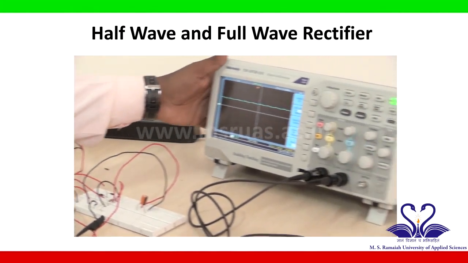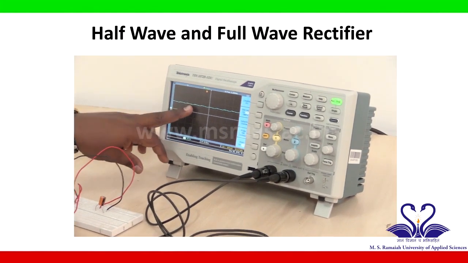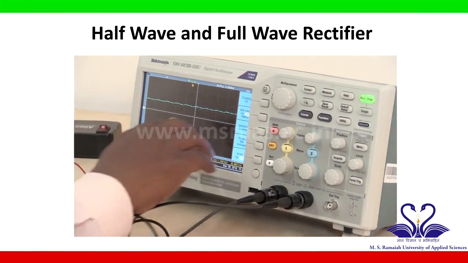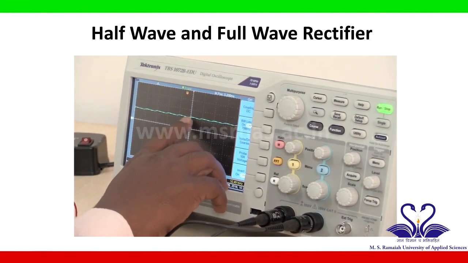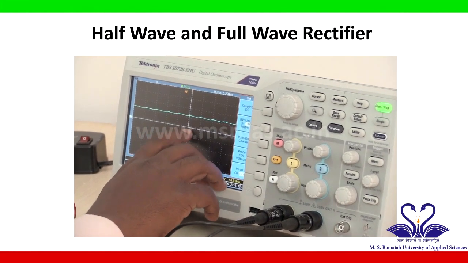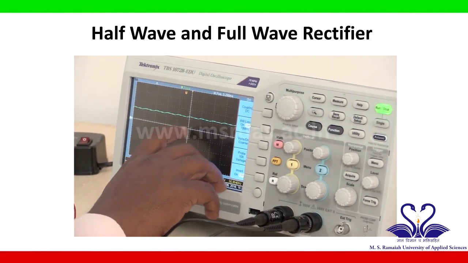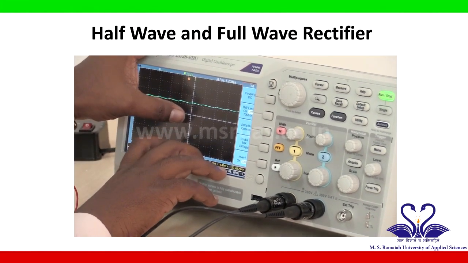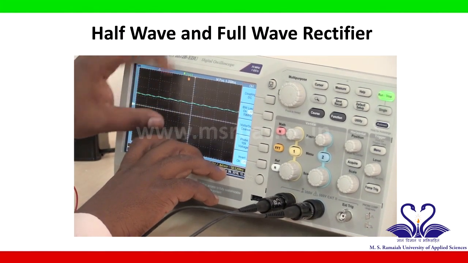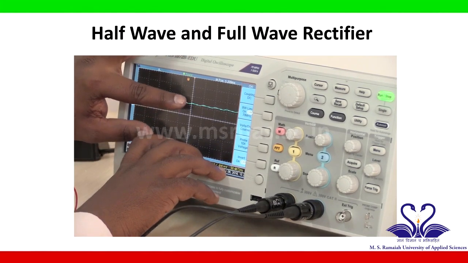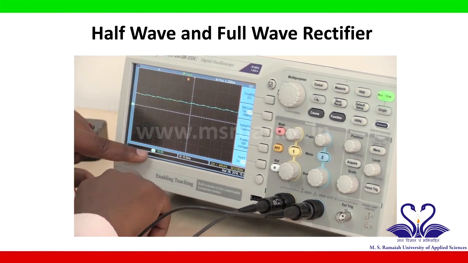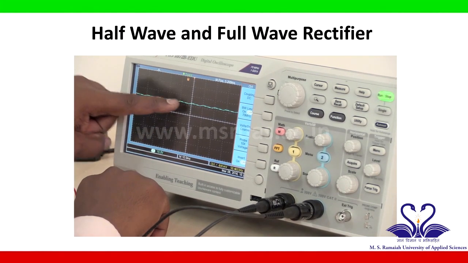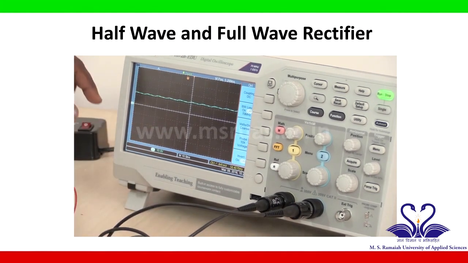Now we can see the output waveform in the oscilloscope, and again I want to measure the peak voltage of this waveform. So this is the zeroth line and this is the peak point. The distance from this line to this point is around 1.3, one full block and 0.3 small division. So 1.3 into 10 volt equals 13 volt.